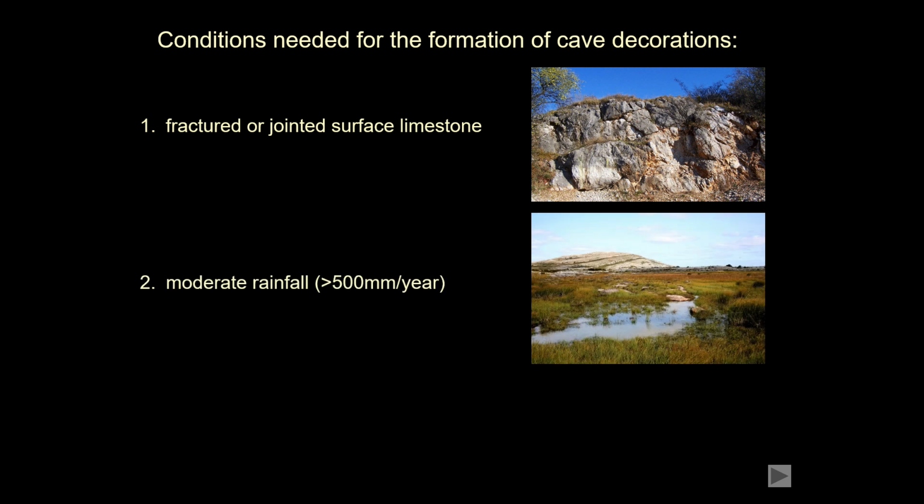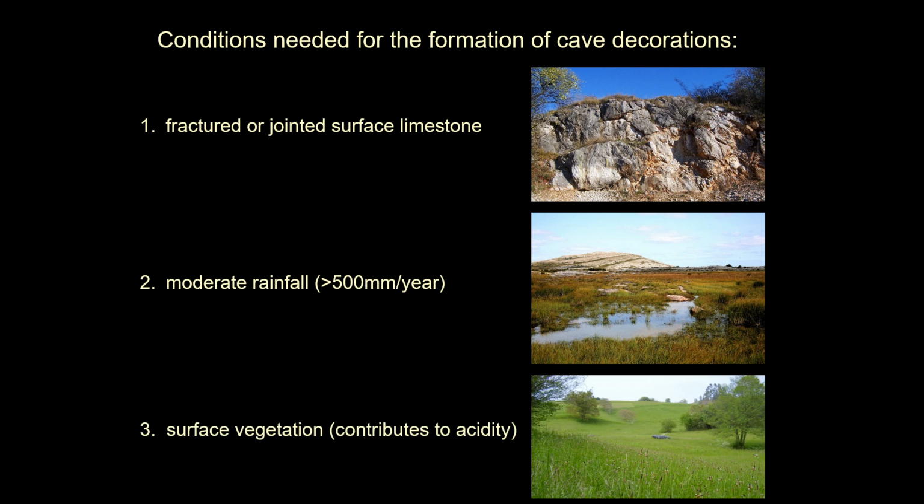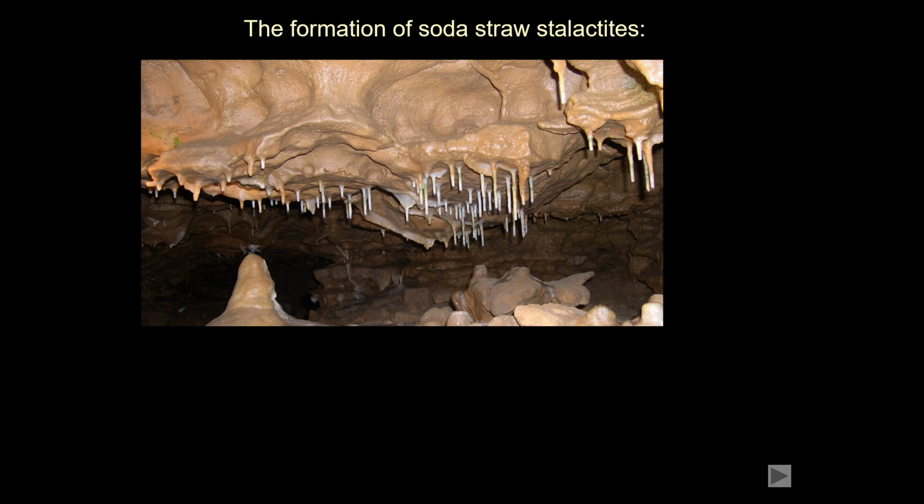Moderate rainfall helps, not heavy rainfall, generally in excess of about 500 millimeters a year. And some surface vegetation that contributes to the acidity of that water, that makes or contributes to that weak carbonic acid. So those are three things, but we'll look at a couple of other things related to stalactites.